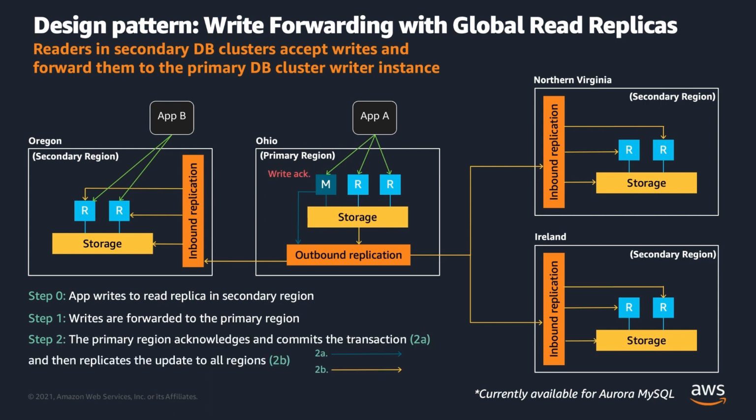Third, the Ohio region acknowledges and commits the transaction. And lastly, replicates the update to all secondary regions. So any results from executing these statements, including warnings and errors, are always returned to the remote instance and then to the application. This entire process is also transparent to the application.